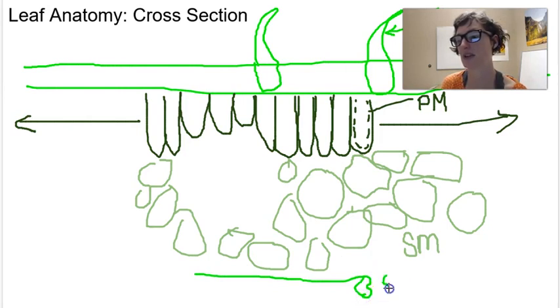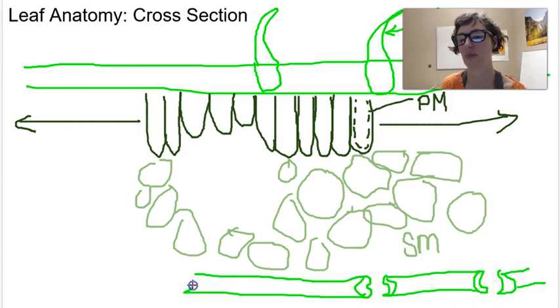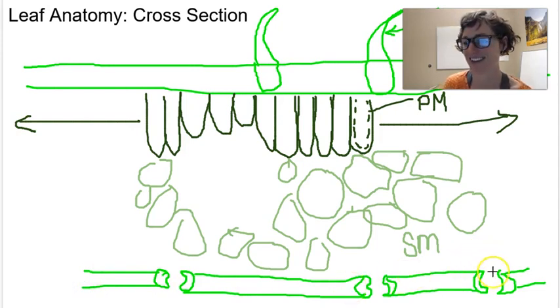will usually be where we will find more of the stomata. So I'm drawing these little cashew-shaped guard cells here that are flanking the pores, which are the stomata. This is working out better than I thought it would.